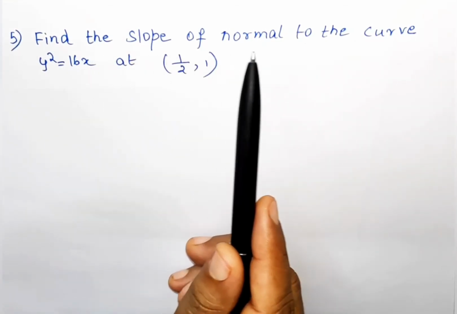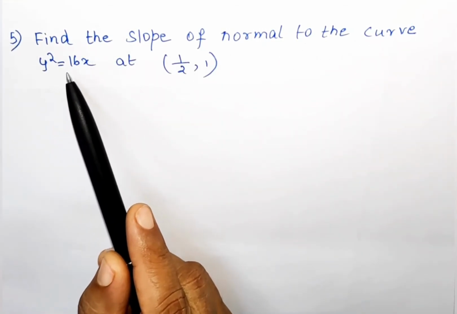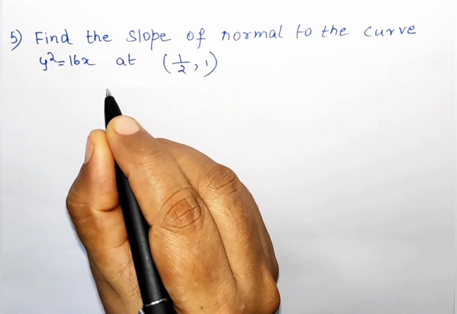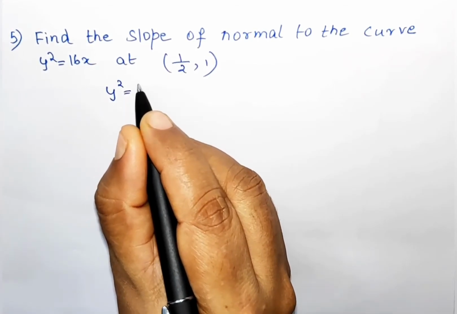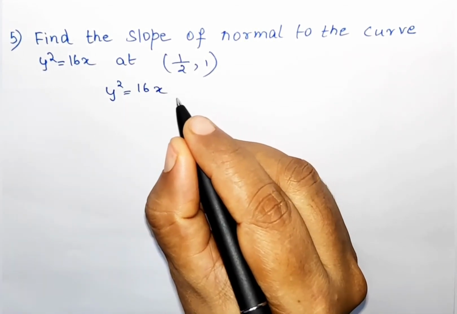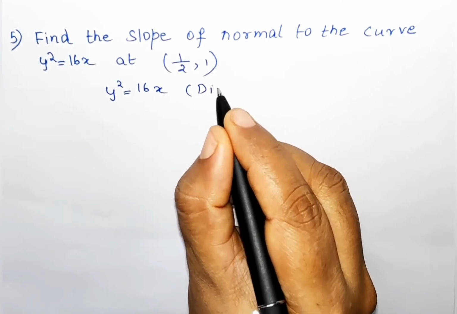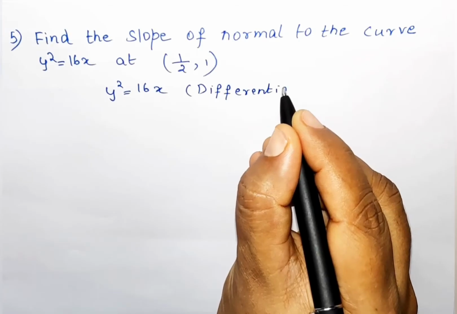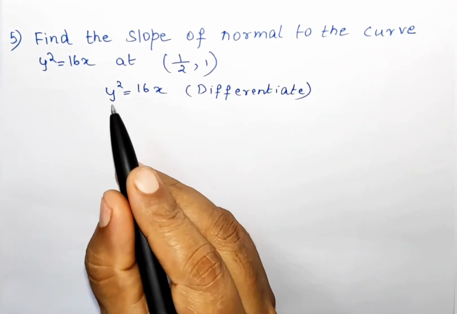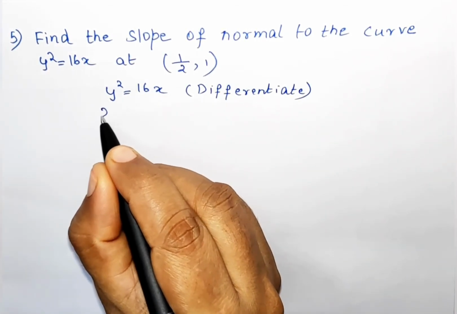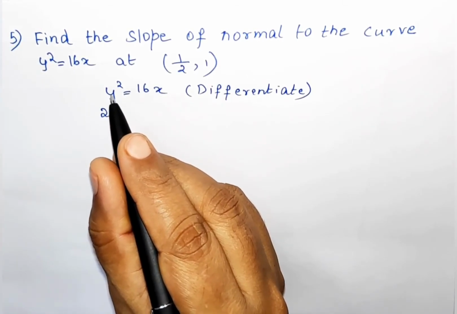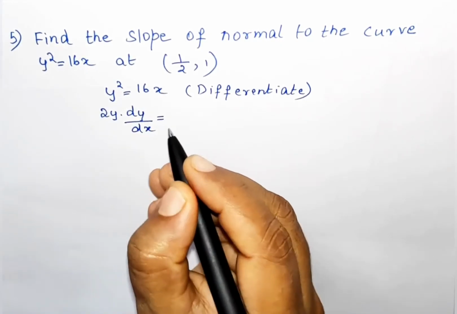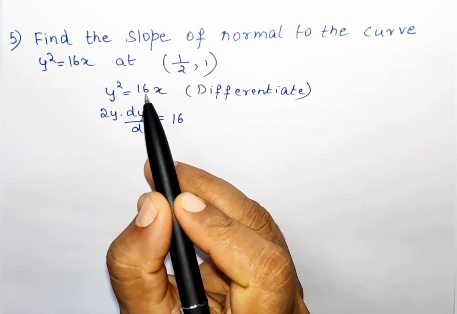Let us solve the fifth problem now. Find the slope of the normal to the curve y square is equal to 16x at half comma 1. Let us first write the equation. y square is equal to 16x. Now let us differentiate this with respect to x both the sides. So when we differentiate y square, it becomes 2y into dy by dx, equal to 16 into x, that is constant into function.